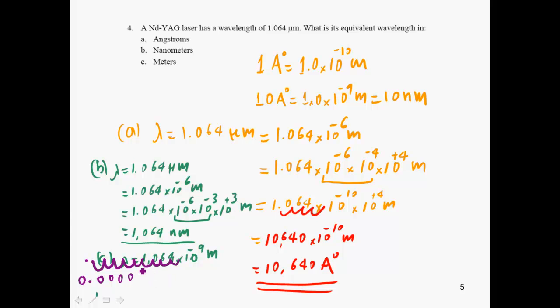Okay. So there's a zero right there. And then I have this 1, 0, 6, 4. And this is meters. Okay? Okay. So we got this done.